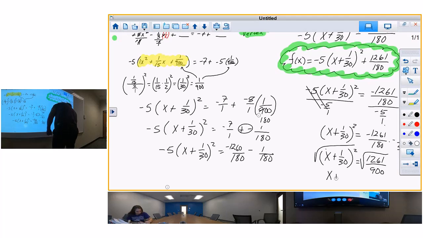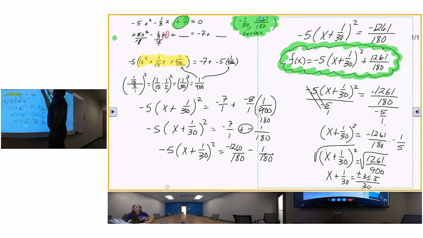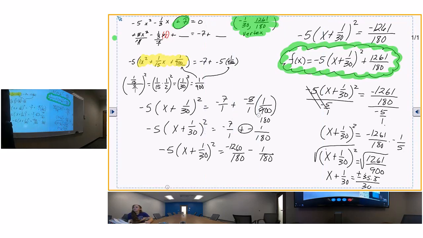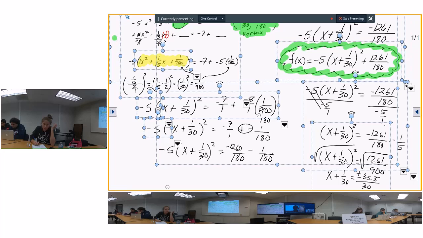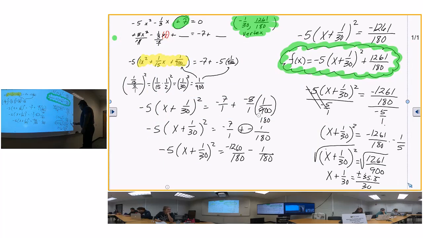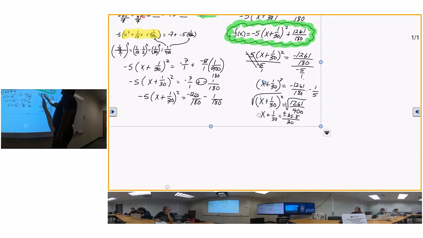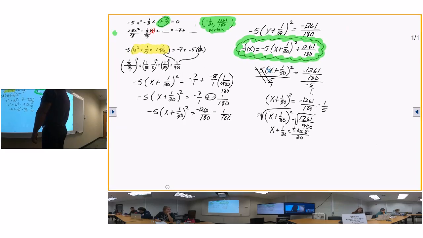X plus 1 over 30 is equal to positive or negative 35.5 over 30. I'm going to try to move this down here. Oh, I actually did it right.